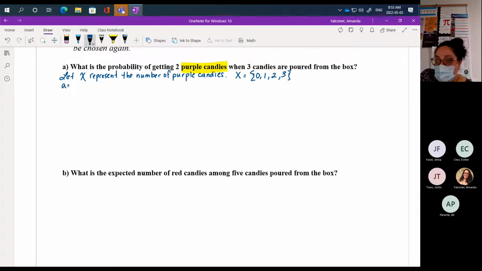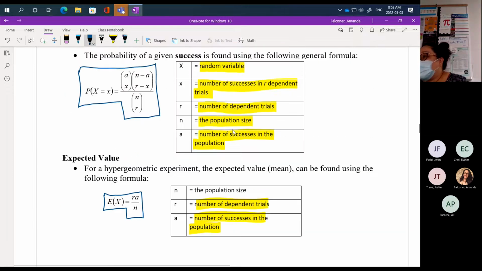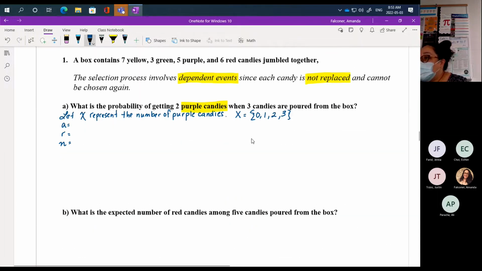So we have A that we need to put in to our formula. We need R and we need N. So A, if we look back at the general formula up here, is the number of successes in the population. Okay, so that's the number of purple candies in the population or in the whole scenario.